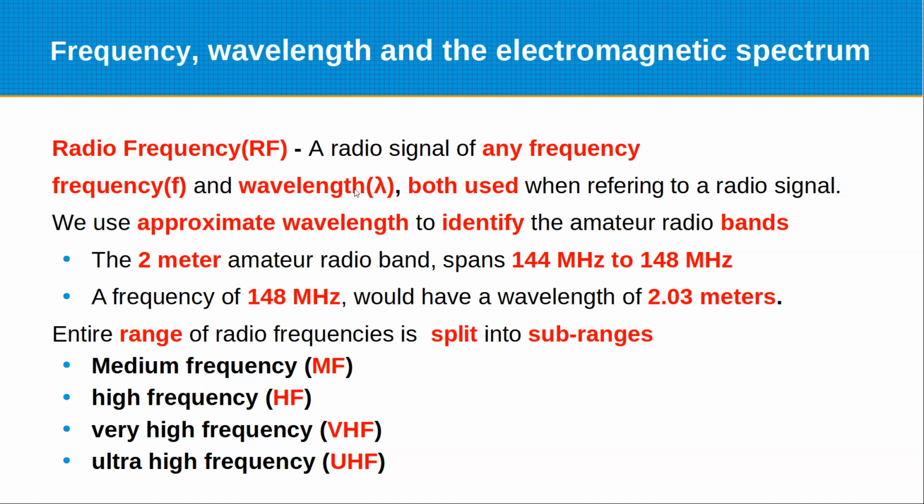Okay. We use both frequency and wavelength when we talk about radio signals. Basically, wavelength to represent bands of frequencies because it's easier than talking about specific frequencies.